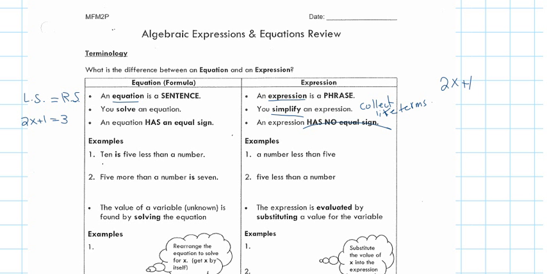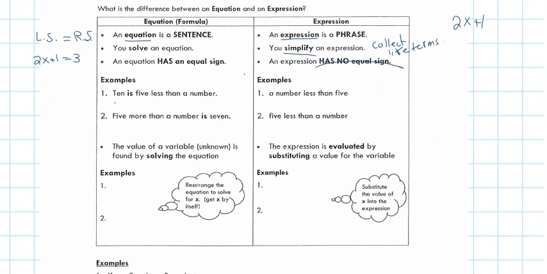Let's read this, and let's try to write either an expression or an equation. 10 is 5 less than a number. So if you want to translate this from English to math, how would you translate this? So 10 is 5 less than a number.